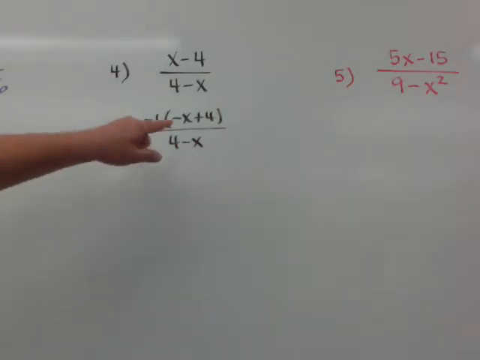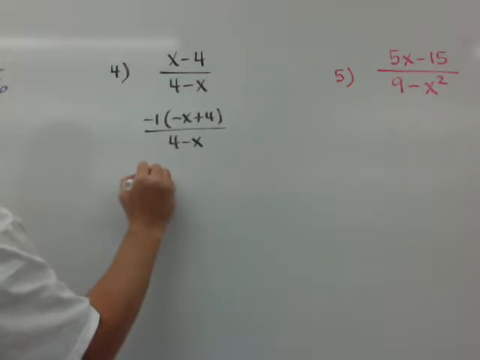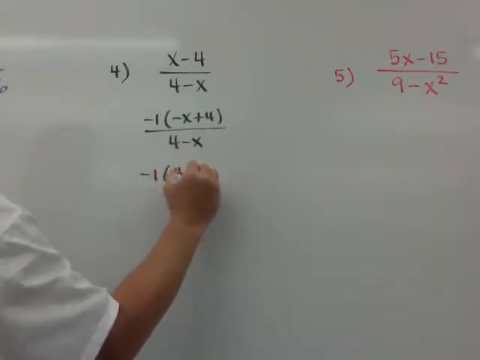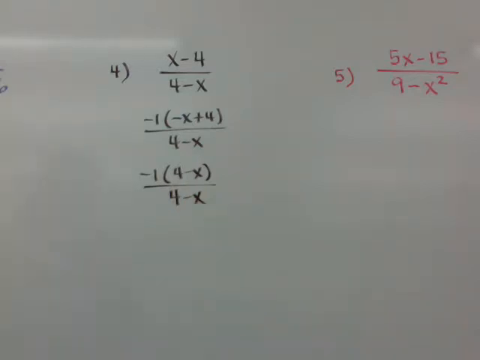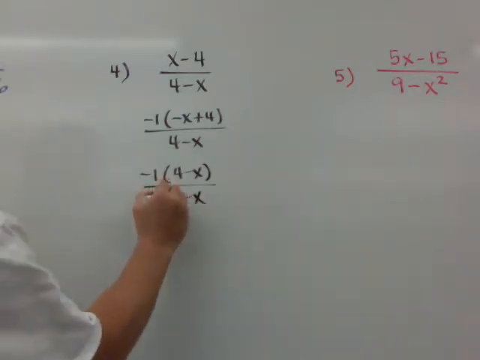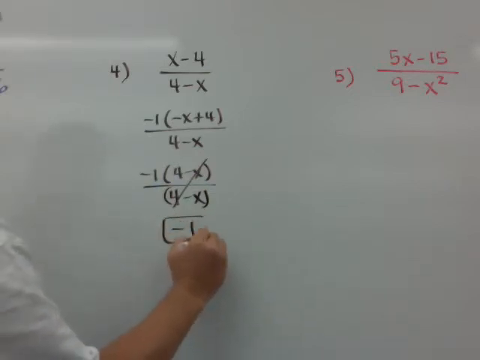Now if I flip this around and just move the 4 in front, I would get negative 1 times 4 minus x over 4 minus x. And now you can see that I can cancel these down. And I'm left with negative 1.